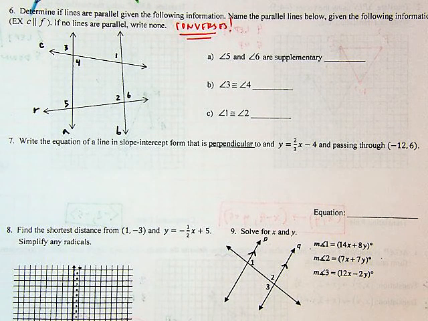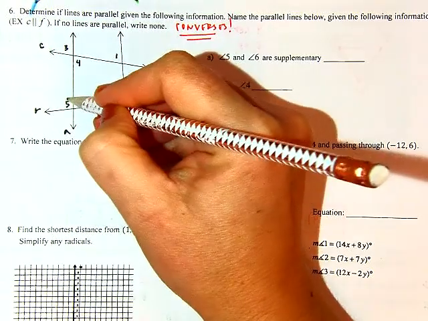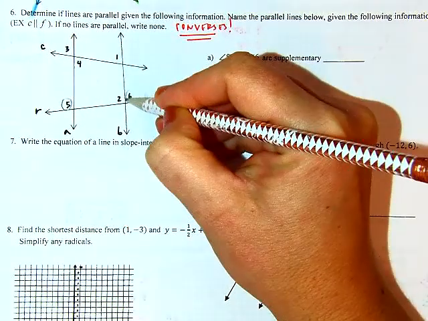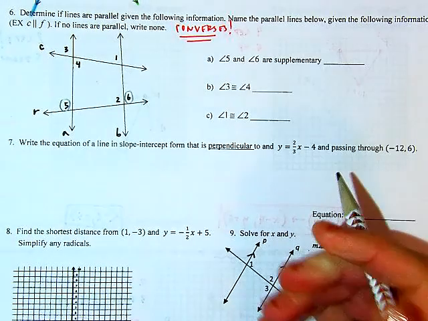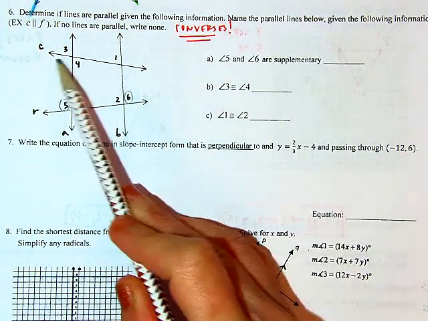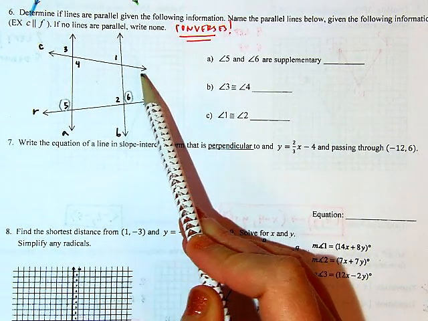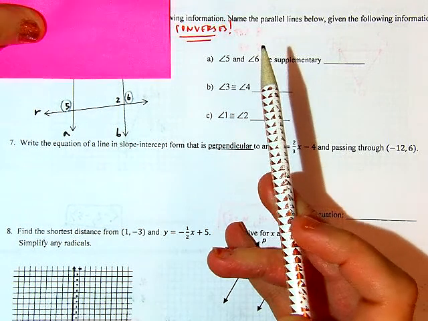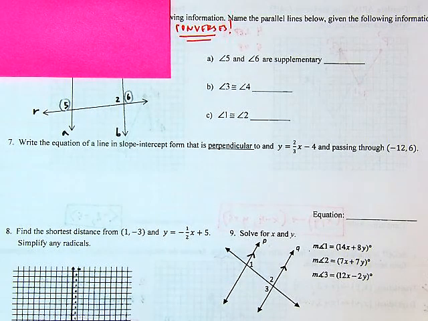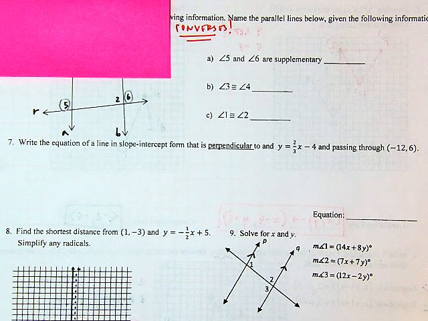All right, so first up, let's focus on 5 and 6. So 5 and 6 are supplementary. Let me just circle them. And I'm going to block out the noise because those angles are not connected to line C in any way. So I'm going to block them out temporarily. So I want to look at angle 5 and 6. What kind of angle pair are those angles?